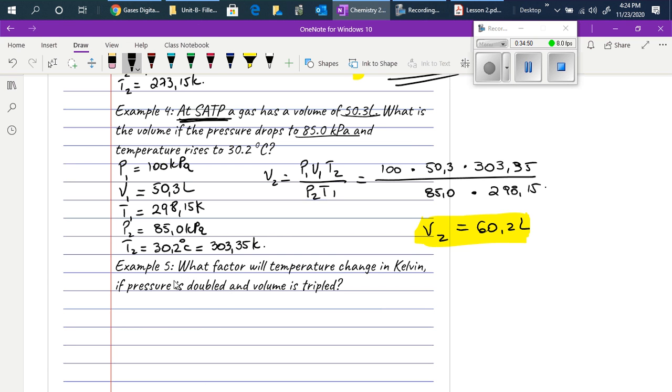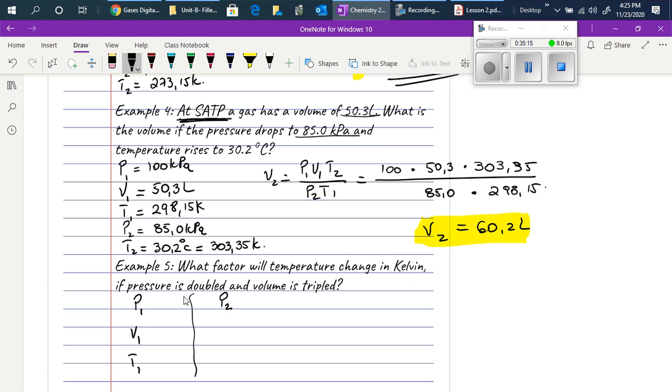Okay, so now let's see what is happening here. The next example is: by what factor will temperature change in Kelvin if pressure is doubled and volume is tripled? If we have a pressure P1 and a volume V1, then T1 will be a certain value. This is the first situation.